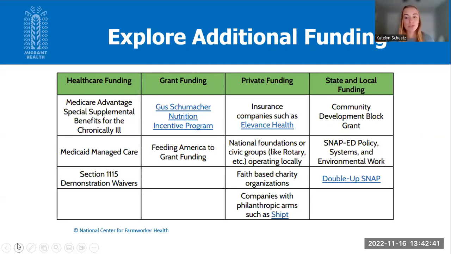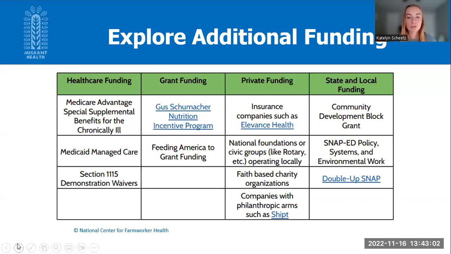I also just want to acknowledge we are not the absolute end-all, be-all experts on funding sources for Food Rx programs. So I would be really happy to hear from anyone here: are there any funding sources that we missed? Please feel free to share.